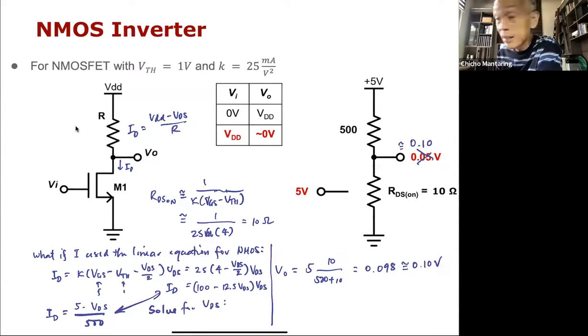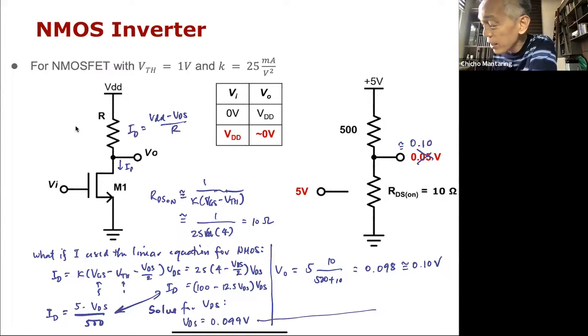You eliminate the root that is not in the linear region. I'm going to get VDS equal to 0.099 volts. If I look at this and at this, halos pareho lang. Almost equal.